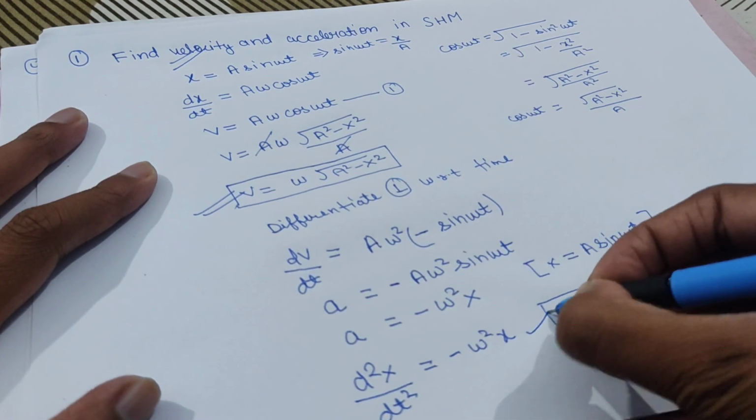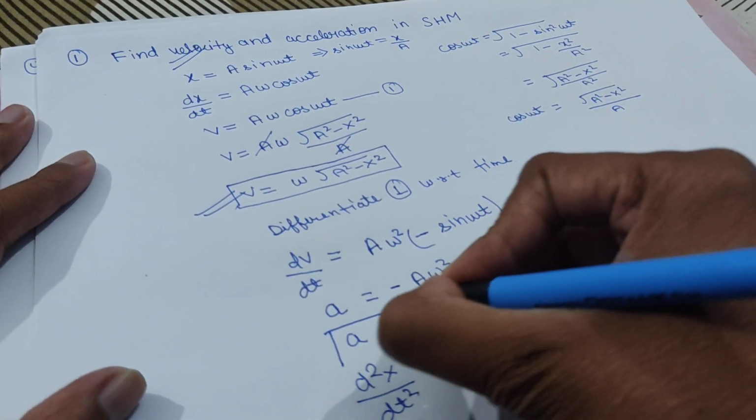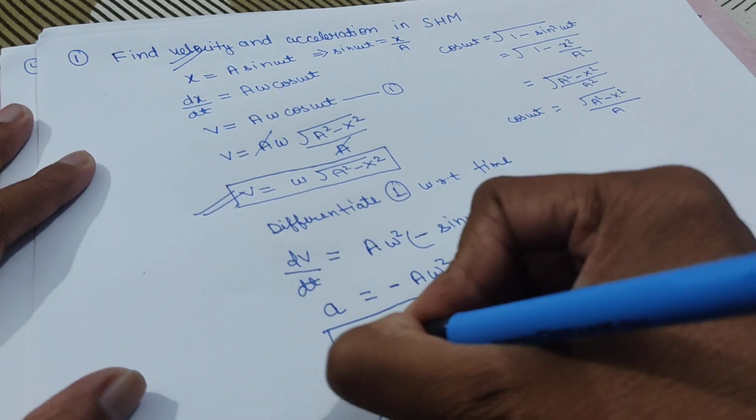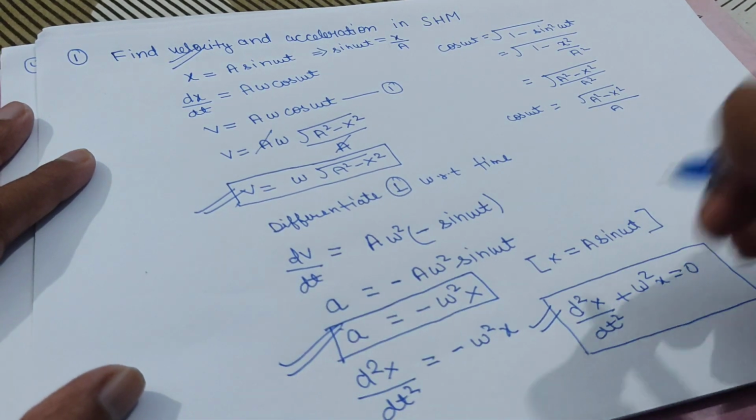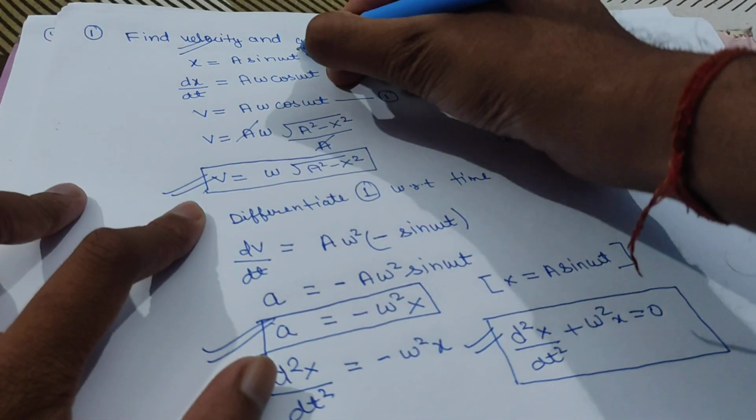So this is your acceleration equation, and this is your acceleration. This is what you were finding. And this is your velocity. So that's it.